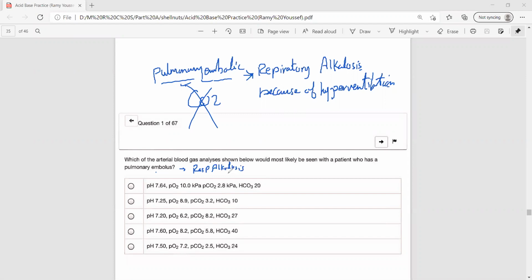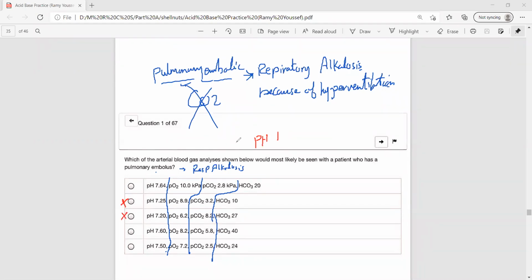Then I'm going to search here in a vertical manner for respiratory alkalosis, so let's go by exclusion. What do you expect the pH? We're going to expect a high pH, so we'll exclude B and C.